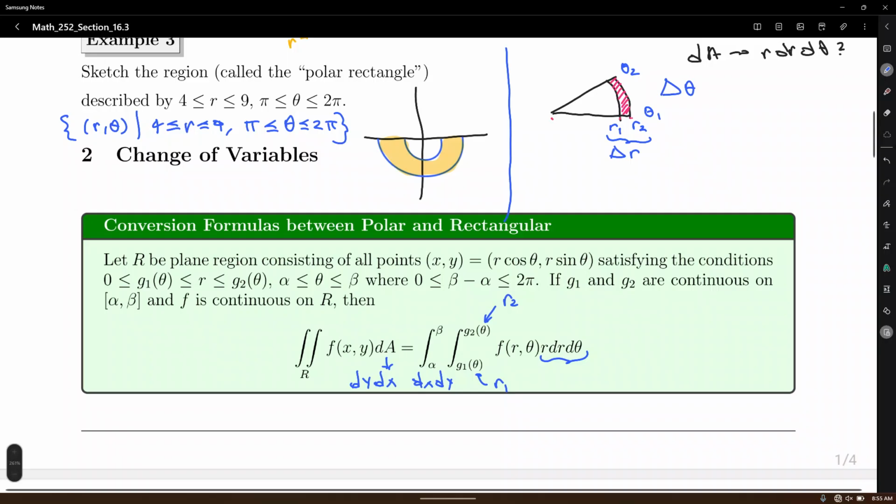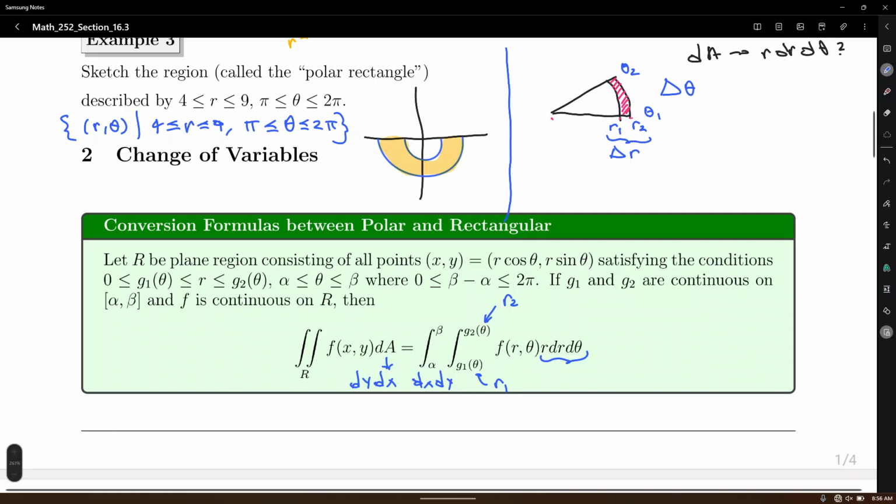So here is the thing. We want to find the area of that sector in red. How do we get area in general? Without integration, just geometrically.